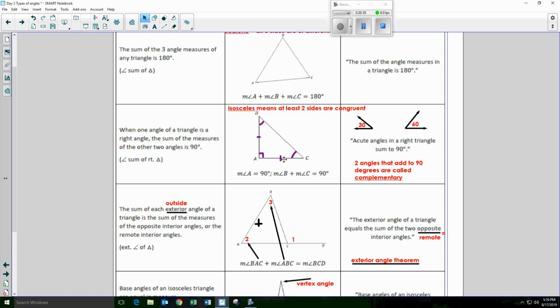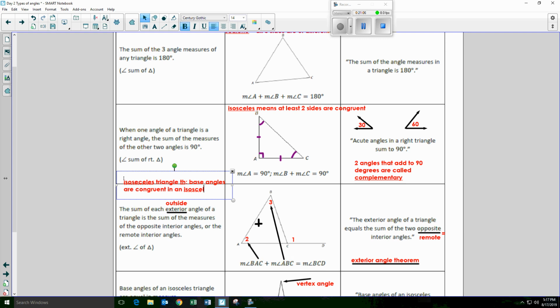If I have an isosceles triangle, as I do right here, because I made it isosceles by putting hash marks on each of those, then the base angles must be equal. That is called the isosceles triangle theorem. Isosceles triangle theorem: base angles are congruent in an isosceles triangle.